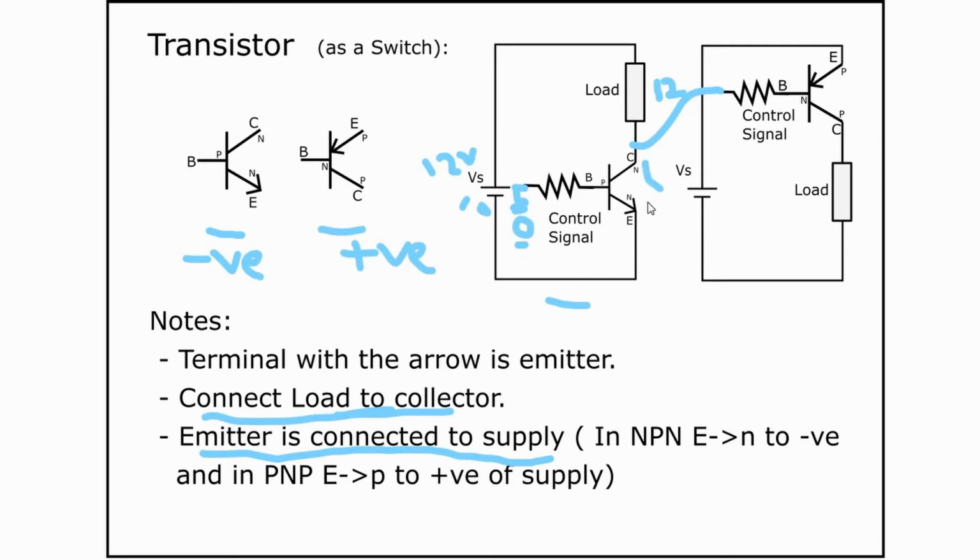It's an open switch. When this transistor is off, the voltage at this point is 12 volts, so this 12 volts will come here. If the supply is 12 volts, the emitter-base junction does not get forward biased, so this transistor will be off.